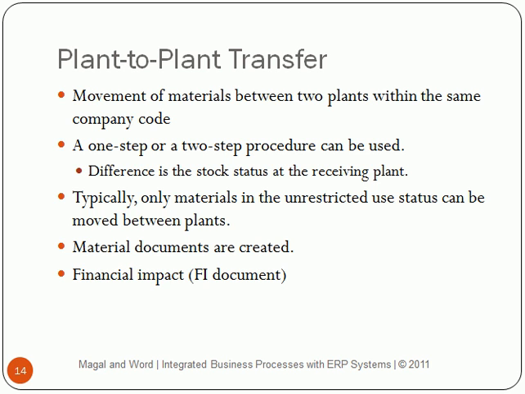And think about it. It doesn't make sense if you are moving from plant to plant because it involves transportation. It doesn't make sense to move goods that need to be inspected. Why would you move a good to be inspected from one plant to another? Well, inspect it first and then send it to the other plant. Same thing for blocked. If you are going to scrap them, scrap them.